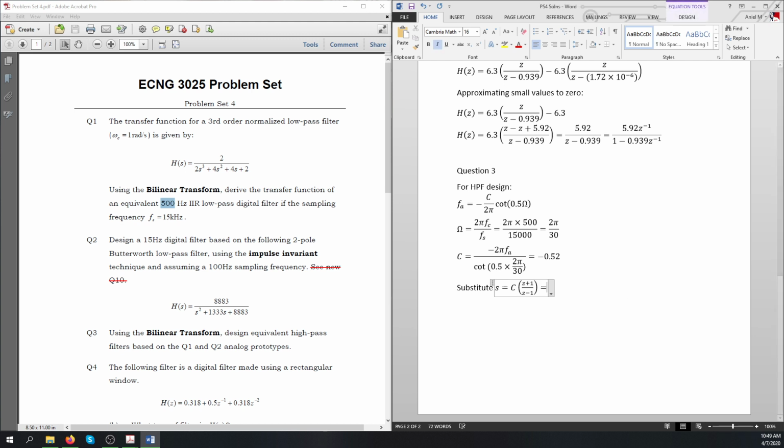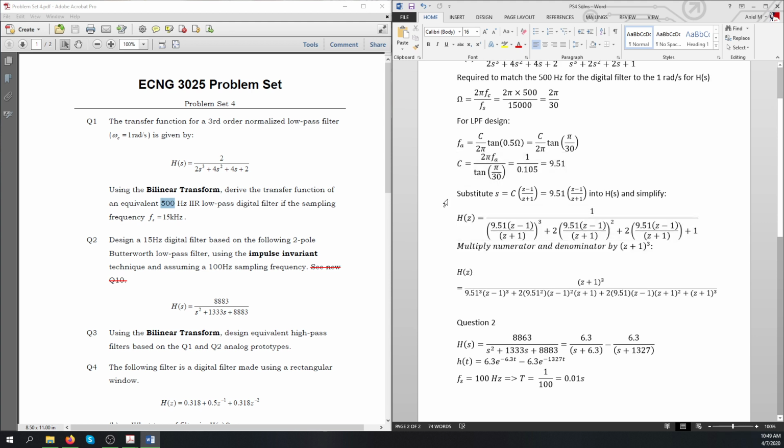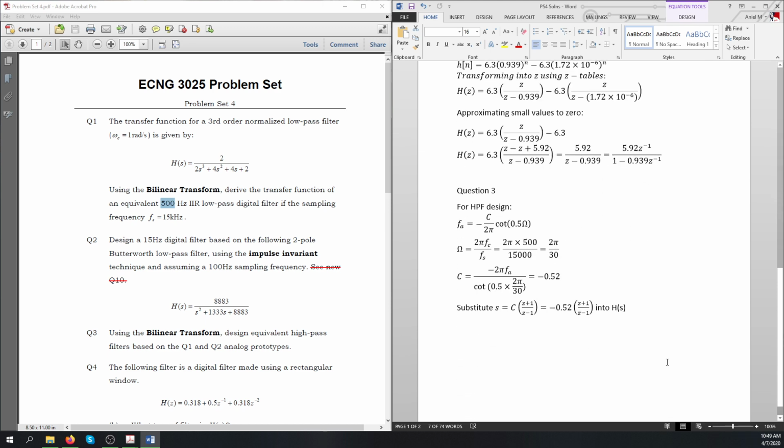So this here is basically going to be negative 0.52 multiplied by Z plus 1 divided by Z minus 1 into H of S. You do the same thing as before, where you have it in this form here, and you just multiply out, substitute and simplify, and you get it back in terms of H of Z in descending powers of Z.